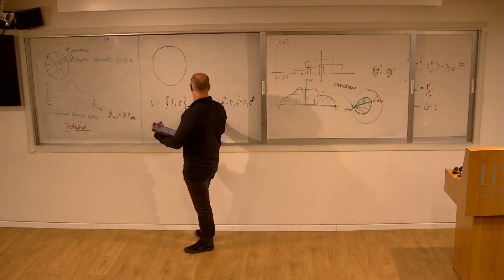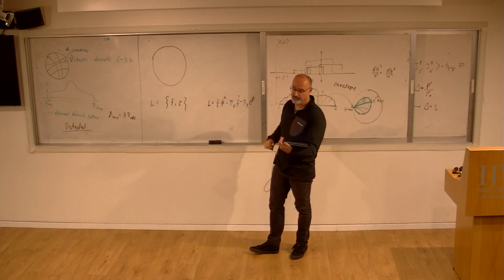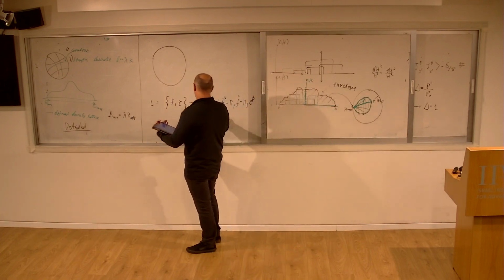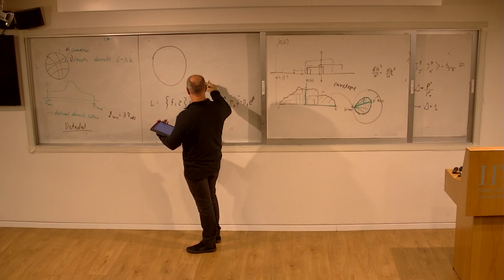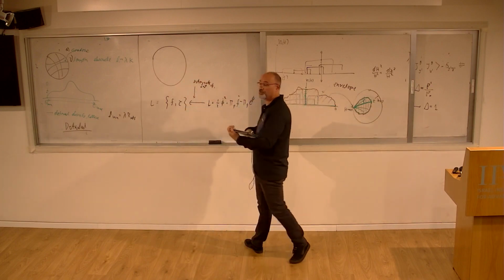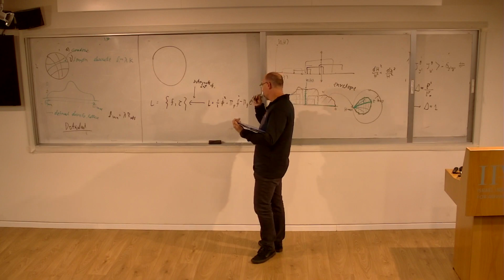You can get this action by starting with an action like this, and to go from here to here, you integrate out phi. And you're going to have just something that is with f. Now, what's this?